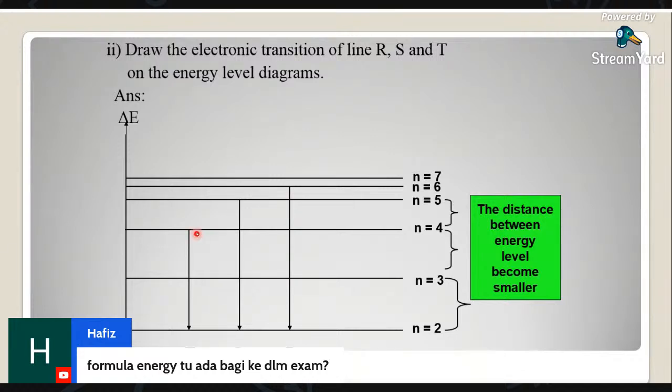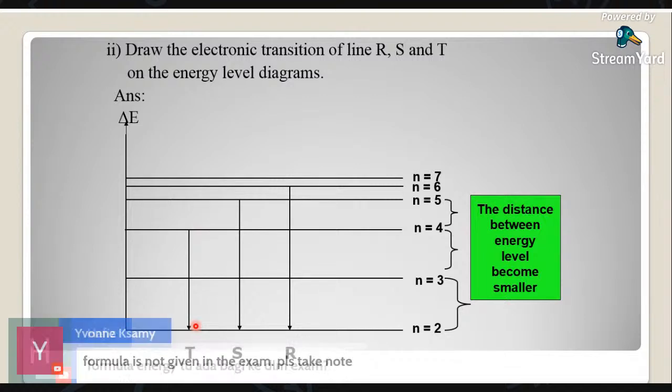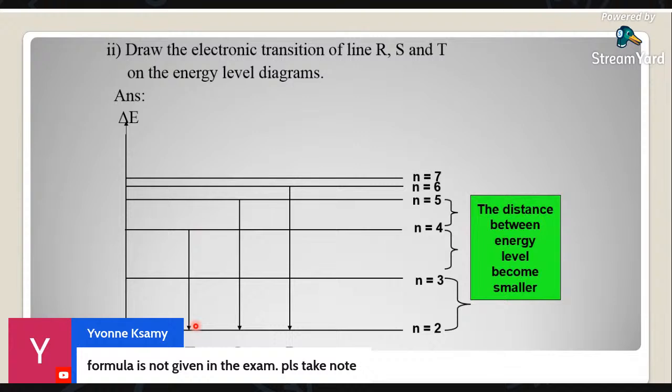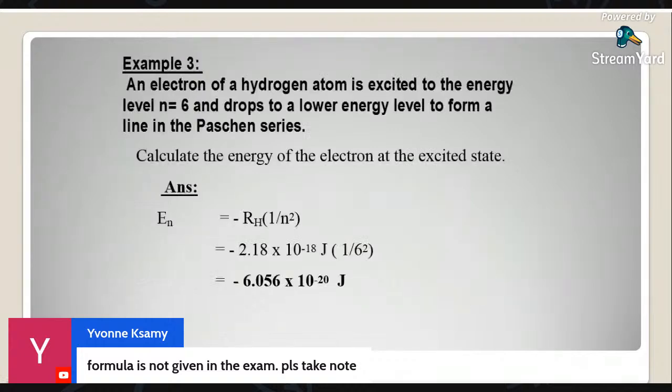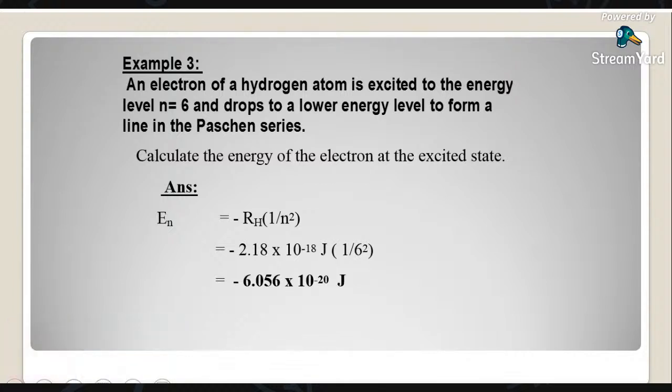So you have to draw the arrow pointing downward, because for all the series, Balmer, Lyman, Paschen, all the series, we can see the light because the electron falls back. That's why the arrow is pointing down. Okay, let's try the next question. Question number 2.